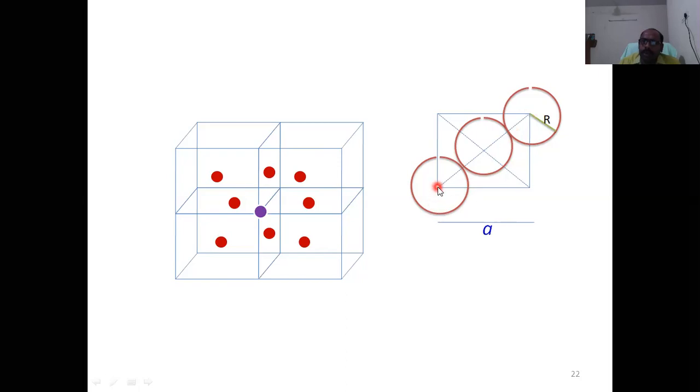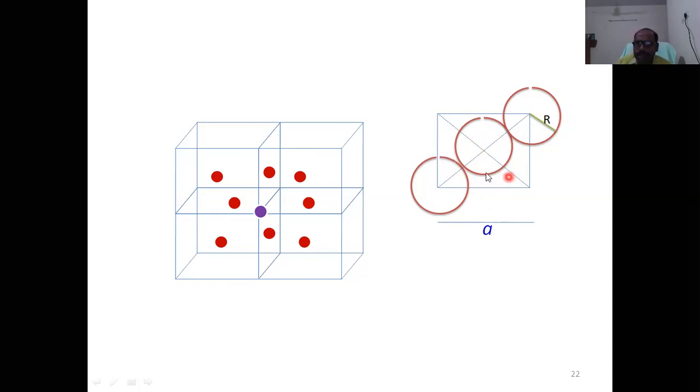But from these points, the distance is half of root 2 A, 1.4 by 2, so that means 0.7A. The distance between these 2 points is 0.7A, which is the smallest compared to the others.